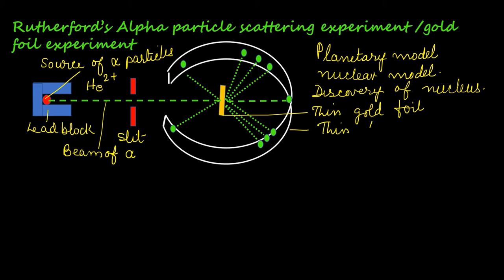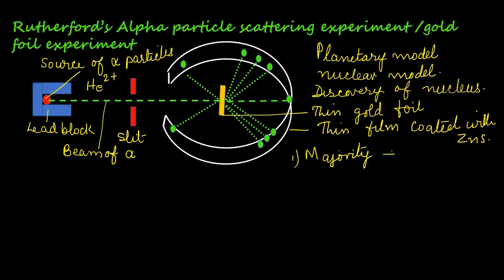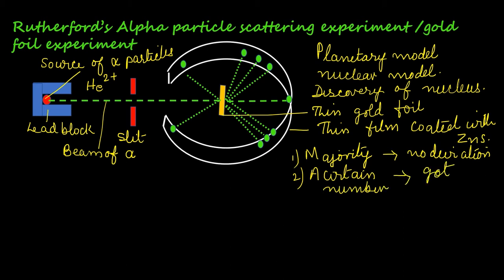This is a thin film coated with zinc sulfide which can glow in the presence of charged particles. When the beam of alpha particles pass through the slit and strike the gold foil, it undergoes scattering and spots of glow develop on the thin film. Majority of the alpha particles move on without deviation. A number of alpha particles got scattered at an angle less than 90 degrees.